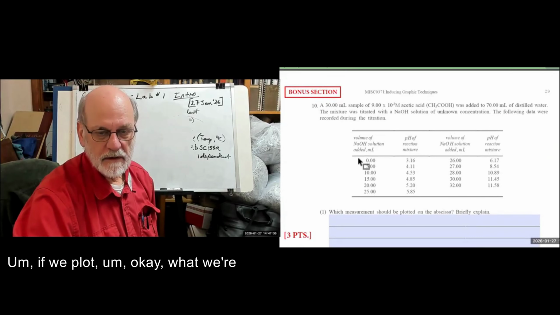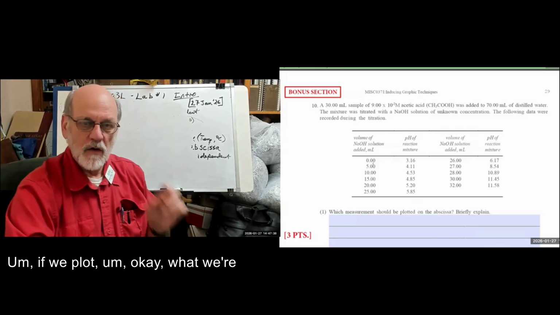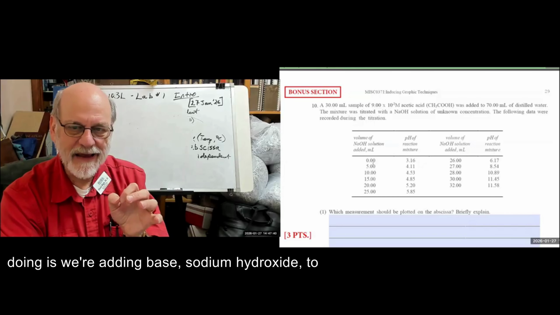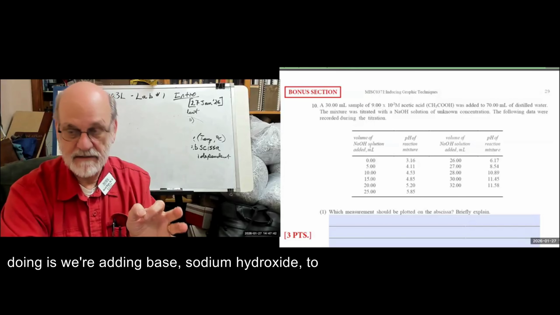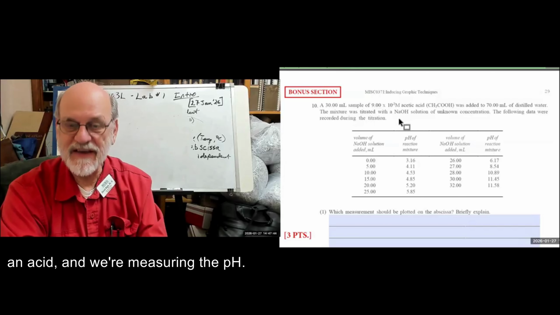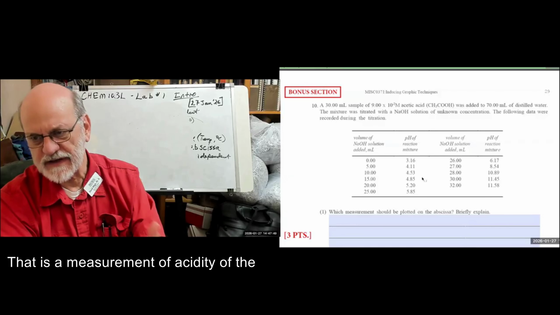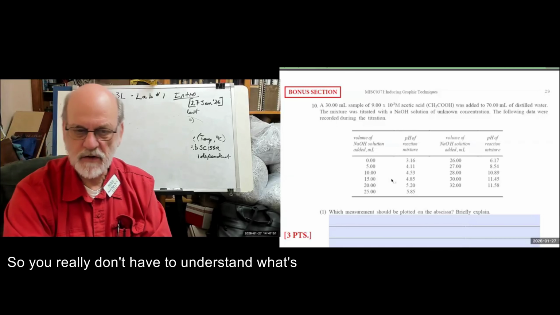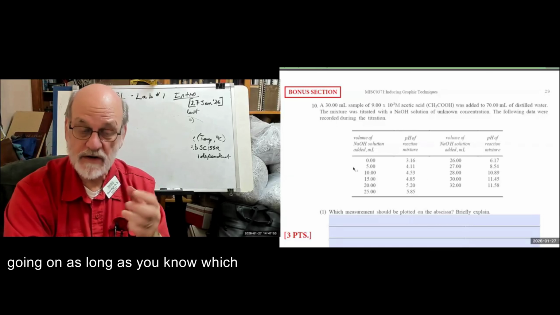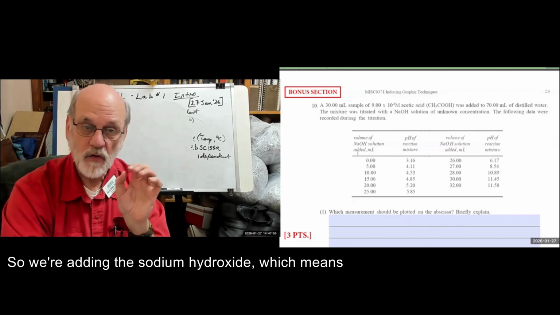If we plot, okay, what we're doing is we're adding base, sodium hydroxide, to an acid, and we're measuring the pH. That is a measurement of acidity of the solution. So you really don't have to understand what's going on as long as you know which one's which.